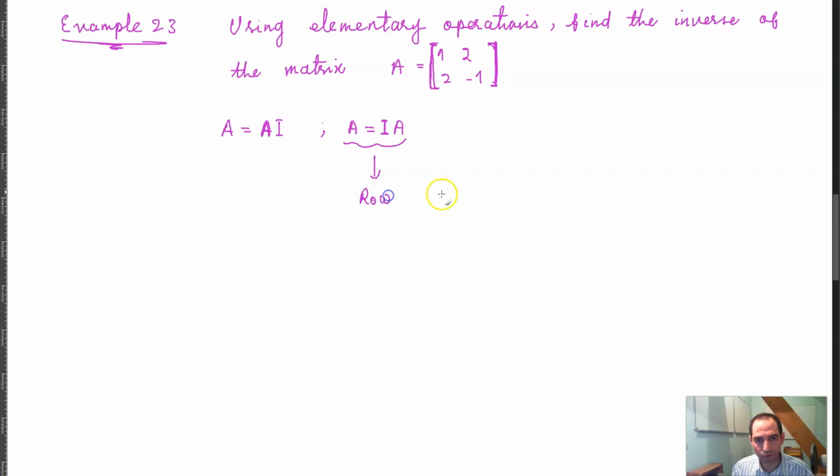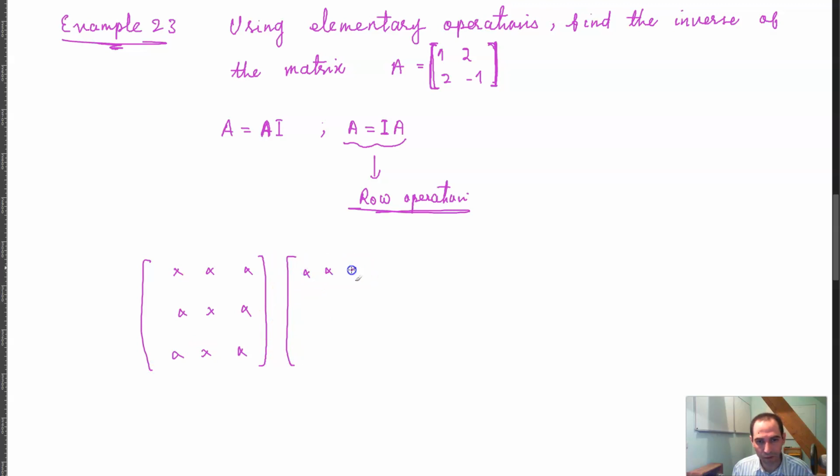The reason is that when you do row operations, the way that we do matrix multiplication, you have this matrix over here, for example, 3 by 3, and then you multiply the same matrix by this matrix, right?